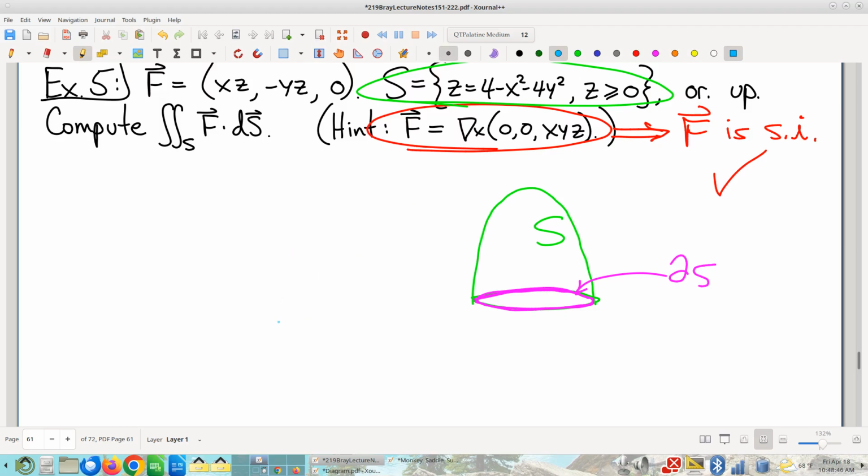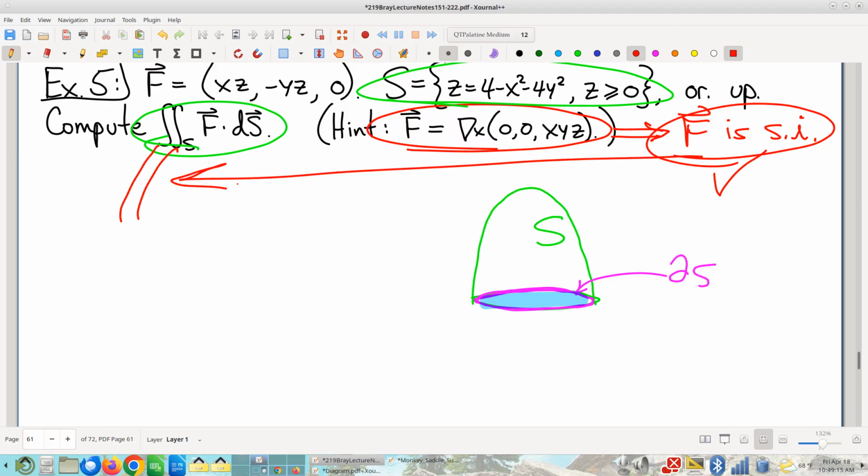Okay, so what's your favorite surface that has that same boundary? My favorite surface that has that same boundary is this one right here. Again, just like the example we did in class. It was either last time or recently anyway. Okay, so there's my new surface, and again, our integral that we've been asked to compute, by surface independence, I can rewrite that as flux through now my new surface.